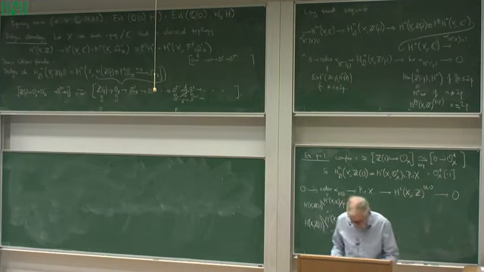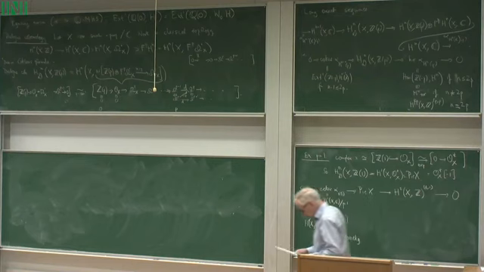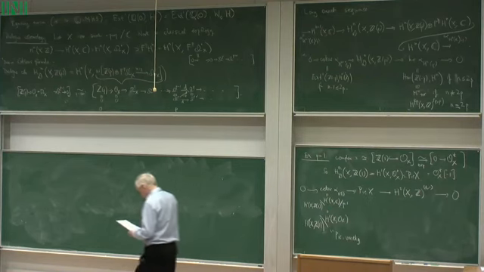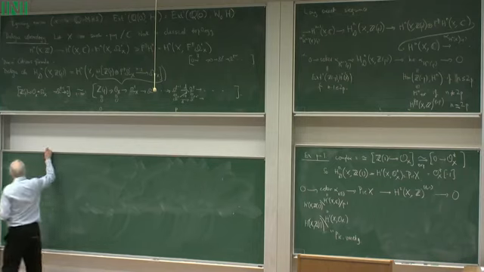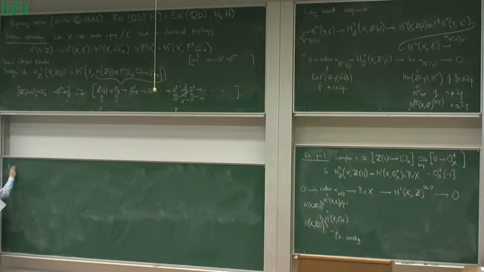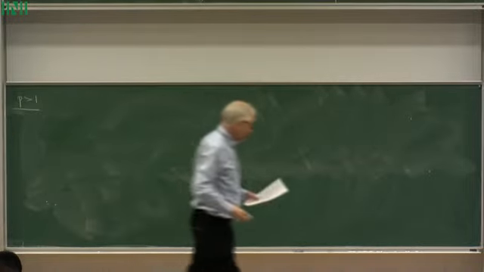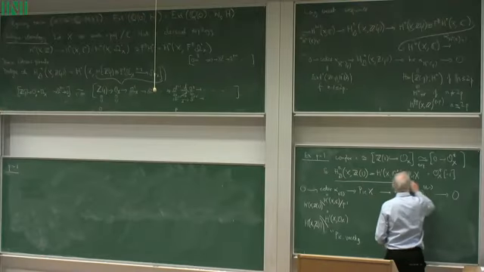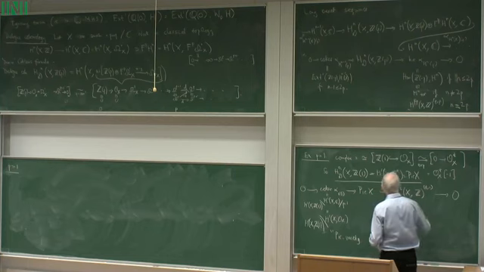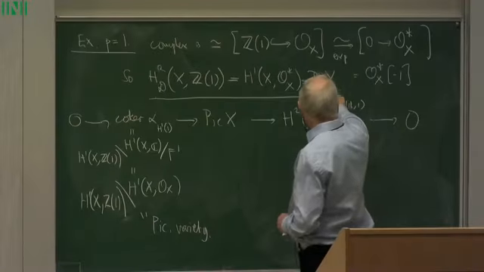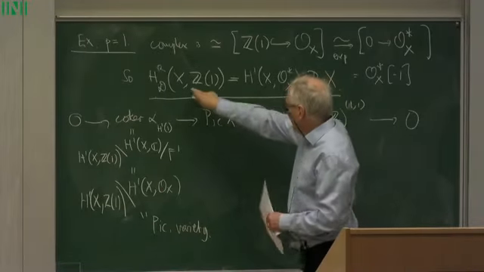So let me just talk for 5 minutes about what happens when p is greater than 1. So in particular, the Pic X is just equal to, yes, so we have this equality here. So in particular, we have a cycle class map, which is just the identity map from Pic to there.